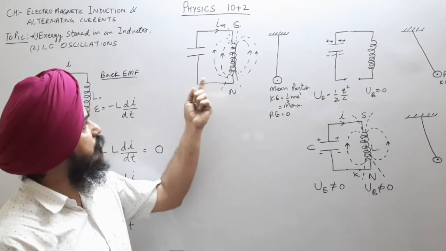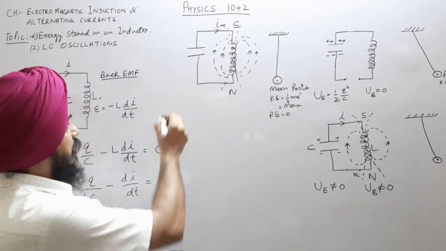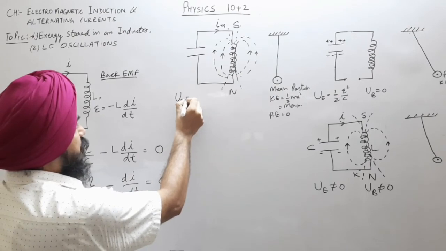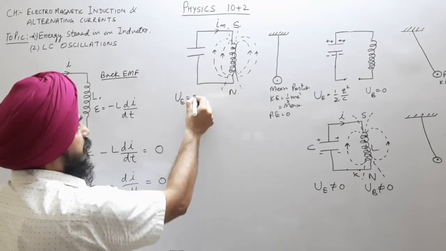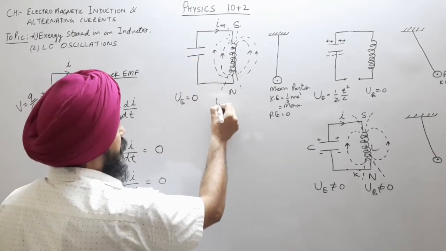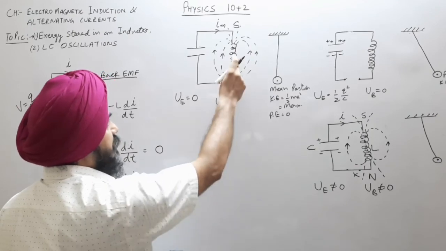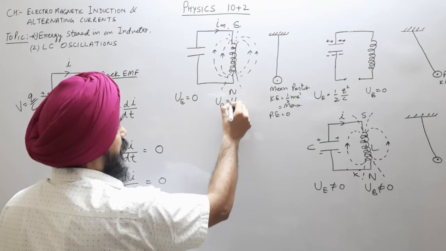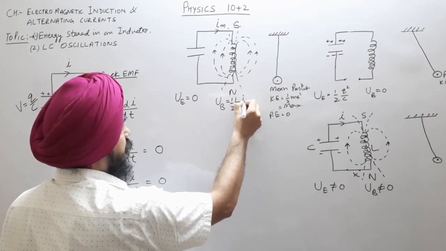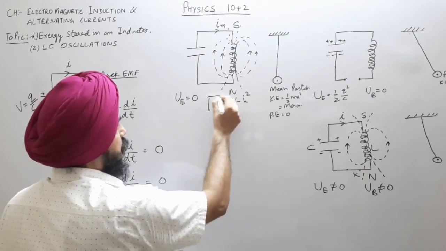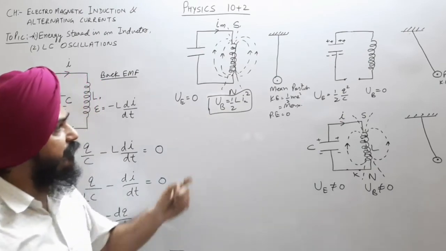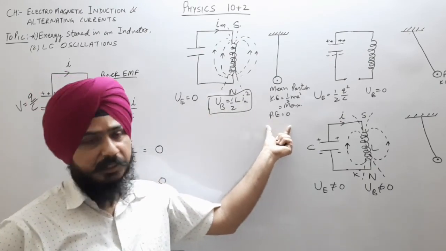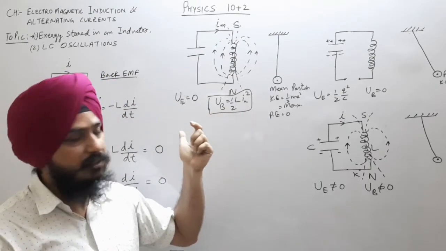Like in the case of this electrical circuit, our electrical energy which was present in the capacitor is now 0, and the magnetic energy which is now present in this inductor is half L i square. So this is the analogy between our mechanical oscillator and this electrical oscillator.